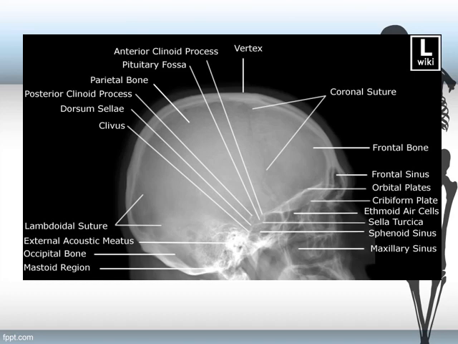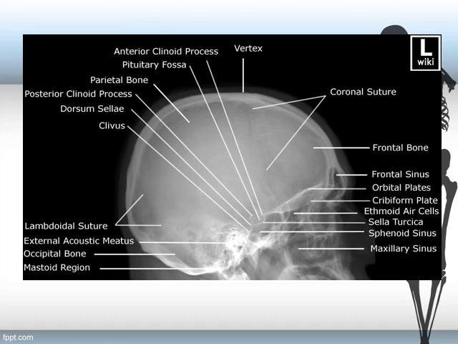So we also have different structures that can be seen when the patient is in lateral projection or also lateral view. So different projections, AP, PA, lateral, oblique, will also present different structures. Kasi may mga ibang structures na hindi mo makikita sa AP projection, pero makikita mo siya sa PA or sa lateral projection.